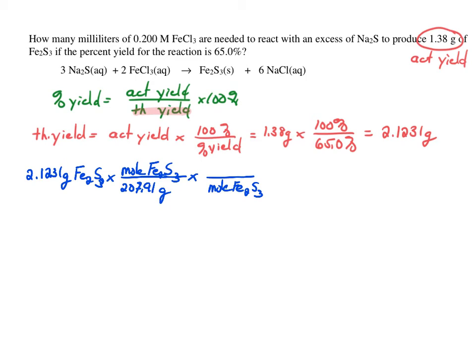Okay, each mole of our iron oxide is going to require 2 moles of our iron 3 chloride. Now we divide by our molarity in order to get liters, because we have 0.200 moles of FeCl3 per liter of solution.